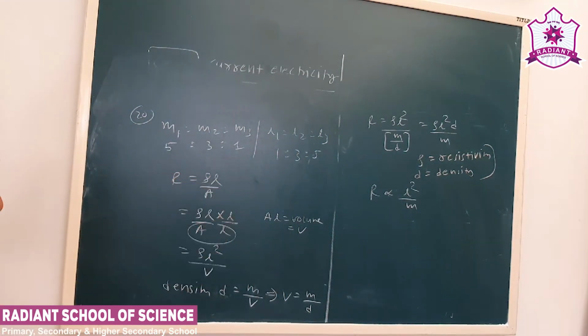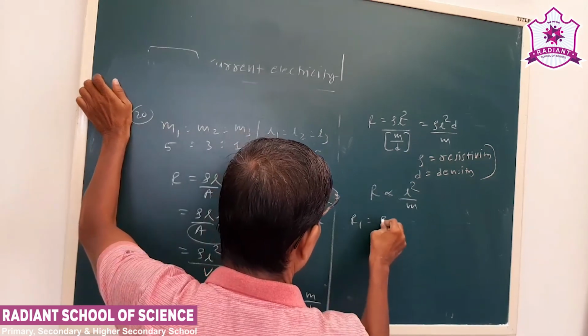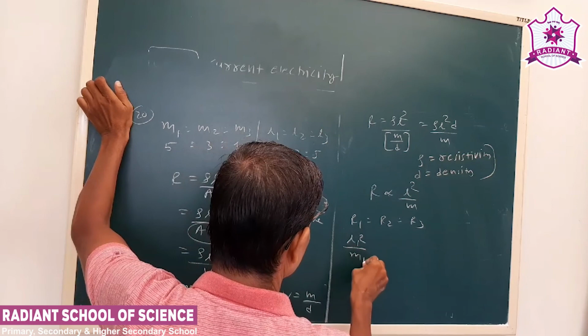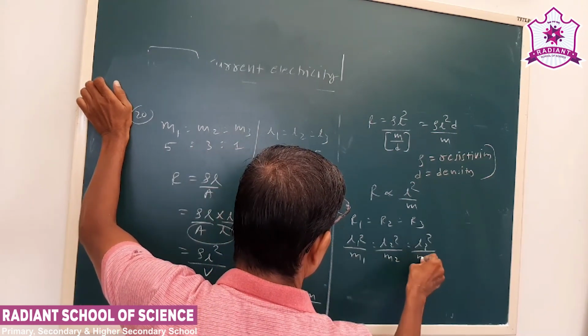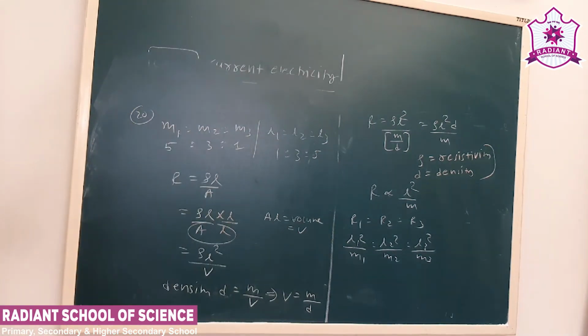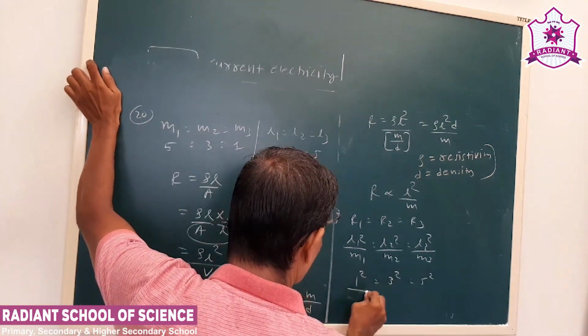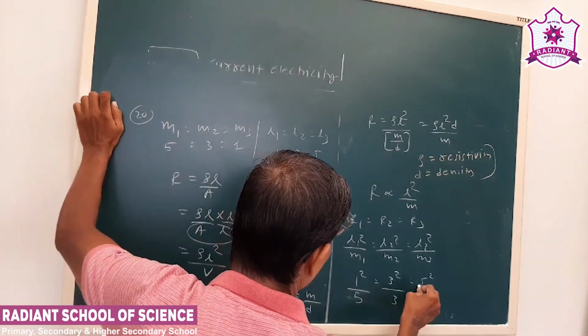Now see, our values are given in terms of length and mass. So we can write R1, R2 and R3 as L1 square, now length is 1 square, mass is 5, 3 and 1.